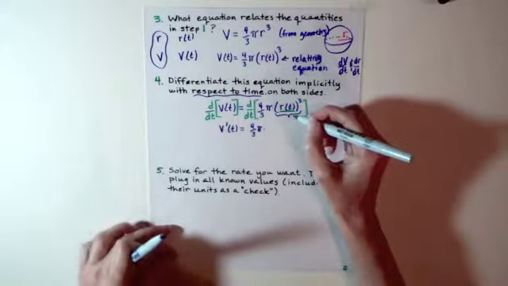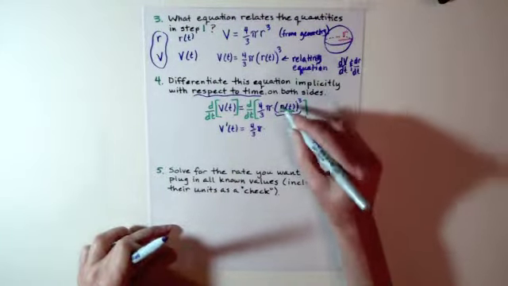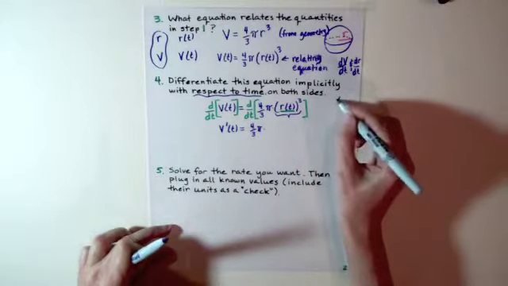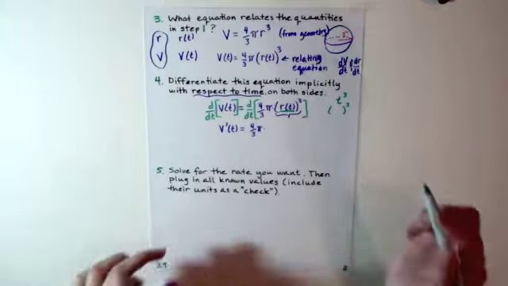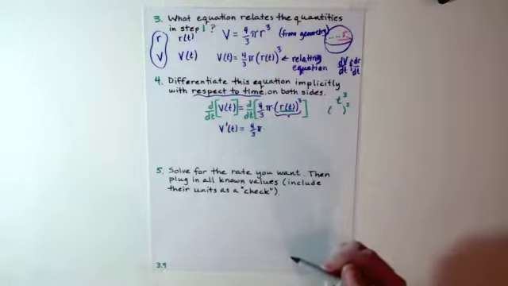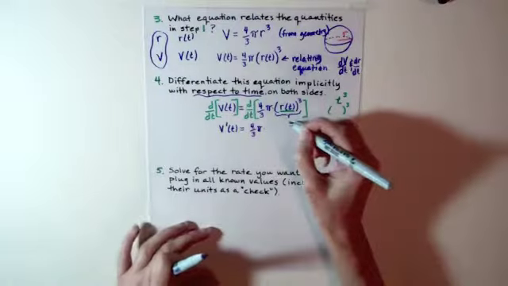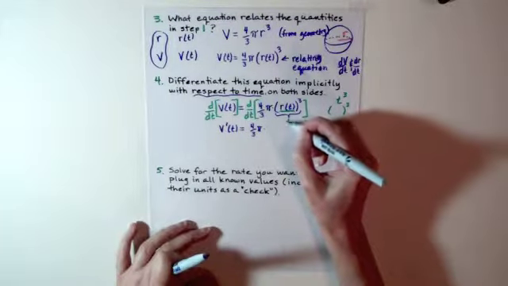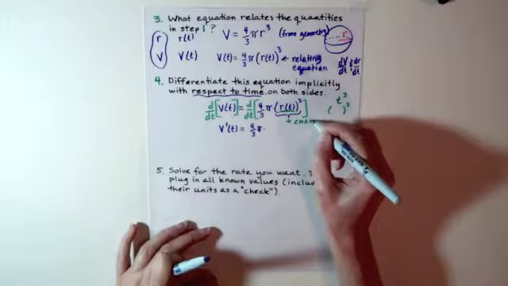So there's this inner function, and it's inside the cubing function. You could think of this as the t cubed function, where you write it with empty parentheses. But there's an inner function and an outer function. It's really a composition of two functions. And so what rule do I need to find the derivative of a composition? I need the chain rule. So in differentiating this, I will need the chain rule.